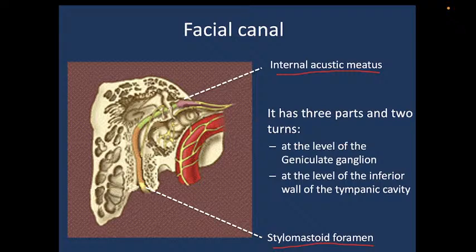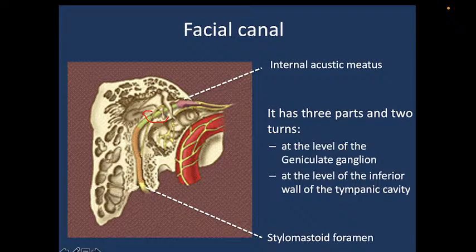As you see, this canal has 3 parts: superior, middle, and inferior, and there are 2 turns. The first turn is at the level of this, here.